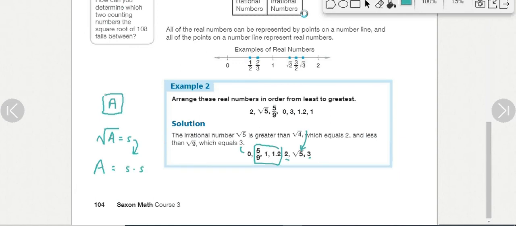So square rooting gets me to just s. Such as if the area of a square is 4, I could square root that area to find what the side length is, because then 2 times 2 would get me back to that area.